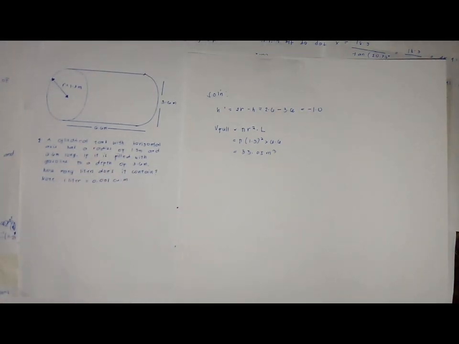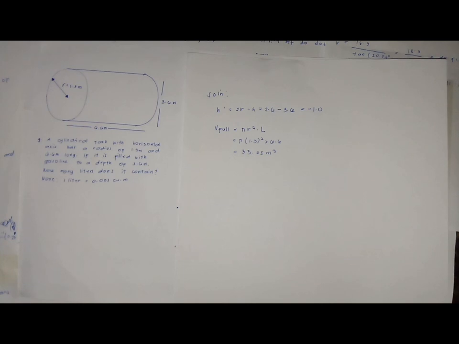So for the volume of the segment not filled, since the tank is filled past its midpoint, we will compute the volume of the unfilled segment, the top part not filled.